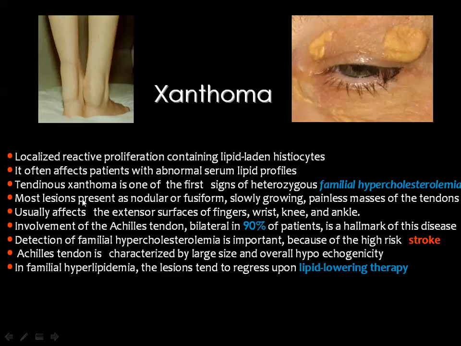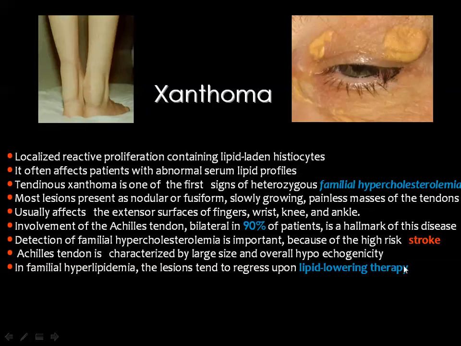Most of the lesions present as nodular or fusiform, slowly growing painless masses related to or arising in the tendons. Particularly, the Achilles tendon is one of the most common tendons in the body to be affected by this disease. Involvement of the Achilles tendon, which may be bilateral in about 90% of cases, is the hallmark of this disease.